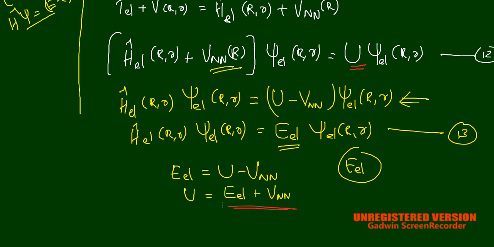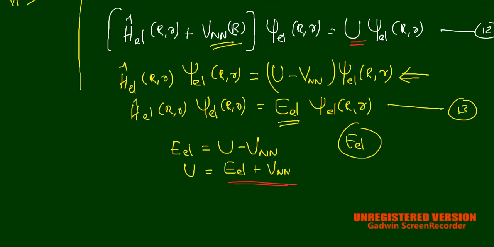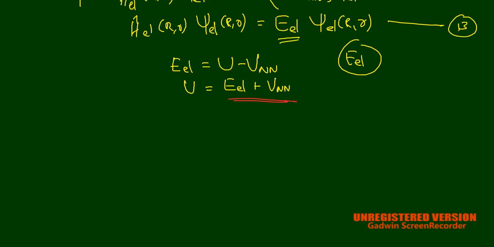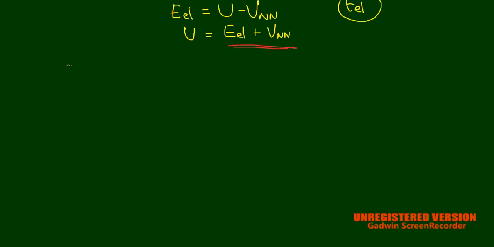Now, let us examine this equation further. We have this equation: h cap electronic plus Vnn, psi electronic. You already know h cap electronic of R plus Vnn of R, psi electronic of R is equal to U psi electronic. This is our equation.